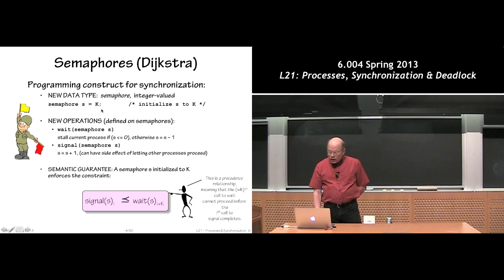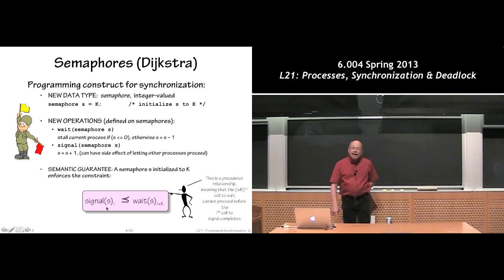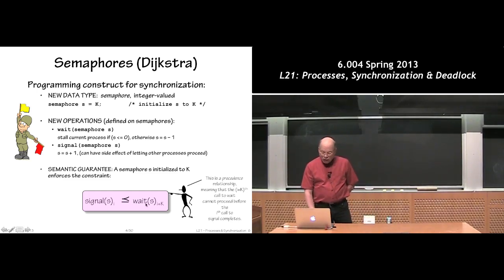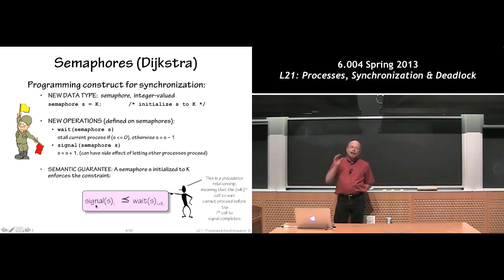But technically, if we initialize this to k, the semantics of wait and signal implement the precedence constraints that we're talking about. In other words, the way the semaphore works is that the ith signal has to happen before the (i plus k)th wait. That's maybe a little abstract. We'll have a good practical example, and it'll become much more clear what's happening there.